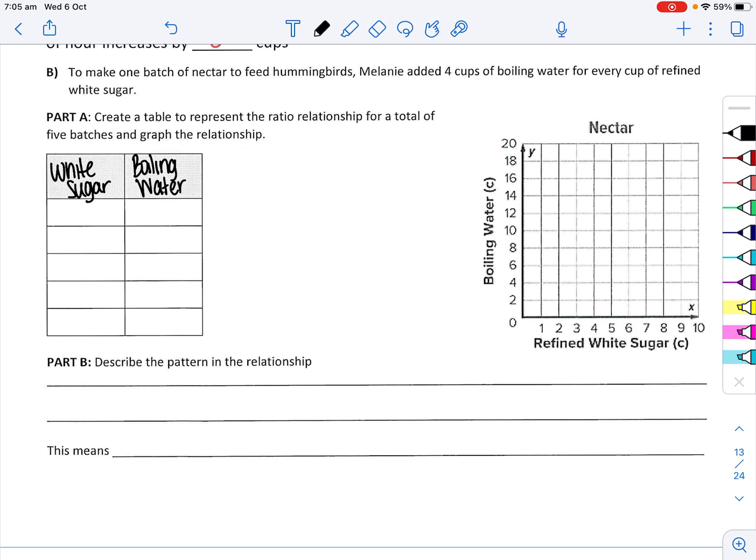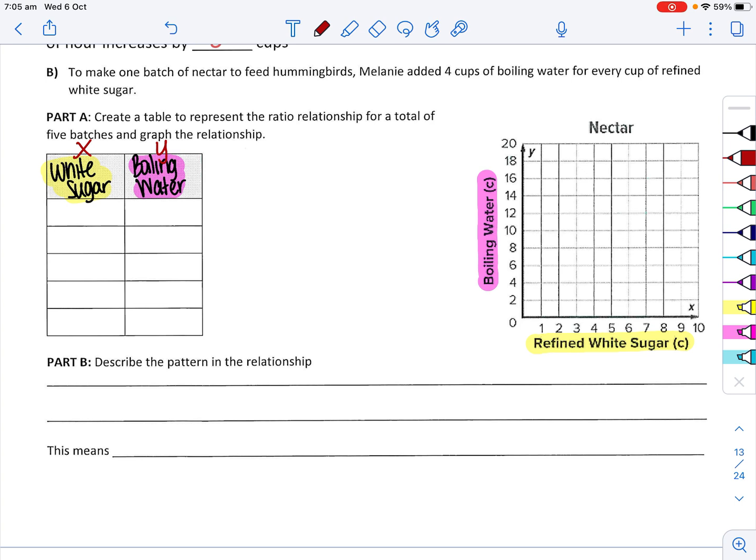And I am taking those pieces of information off my graph to put them in there correctly. So here is my refined white sugar in the X column, and then I've got my boiling water in the Y column. So this is X, this is Y.